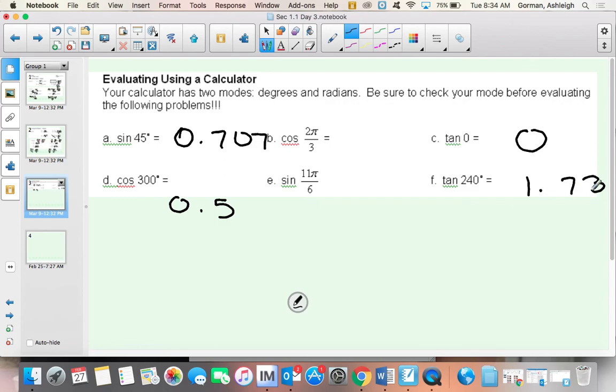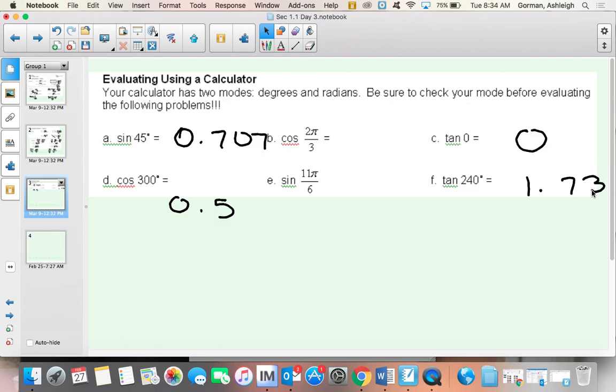1.73. Still off. Okay, now for cosine of 2 pi over 3 and sine of 11 pi over 6, we have to be in radians. Make sure you're in radian mode. You can tell me what cosine of 2 pi over 3 is. Now get in your calculator.